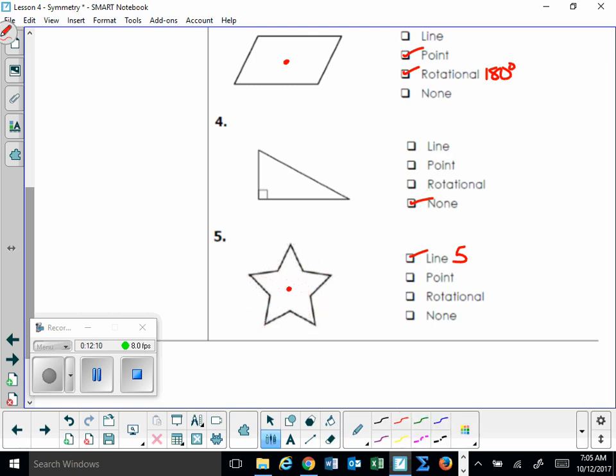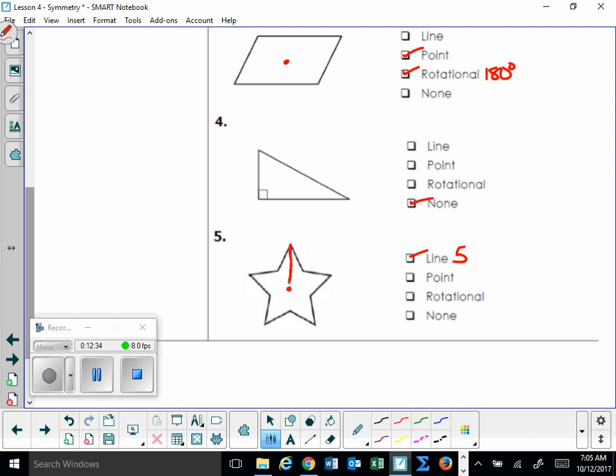Let's go back and look at point and rotational. If I rotate this 180 degrees, when it's upside down, right? A very bad drawing of my star, but the point that's currently on top is on the bottom, it's not going to work. So point is out, but rotational might.